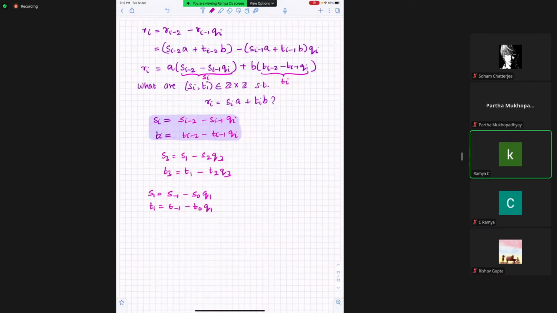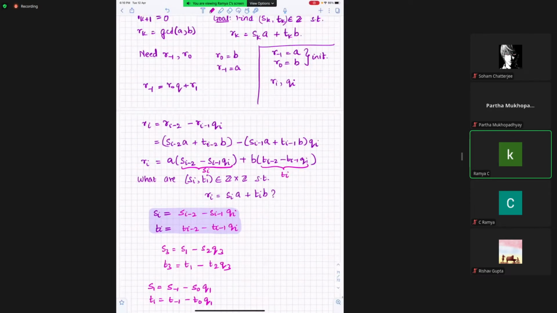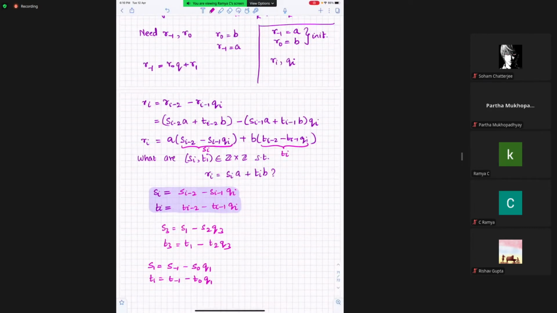Yes, somebody said that. We have to define S minus 1 and S0, just as we have defined R minus 1 and R0.